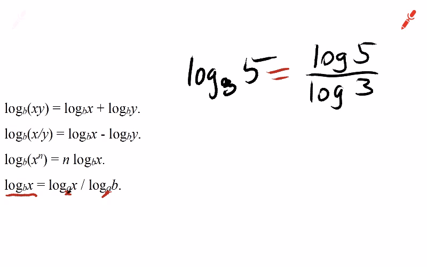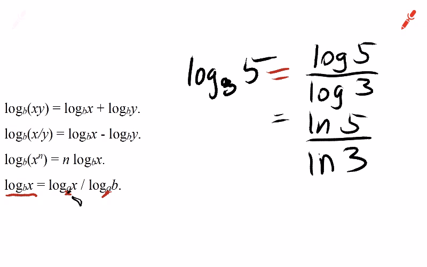Again, over on the left, it says any base, so you could also express this as the natural log of 5 over the natural log of 3. It doesn't matter. Any log where you have a base and an argument, you can express divided like that. So that's pretty easy, I think. That's the first rule.